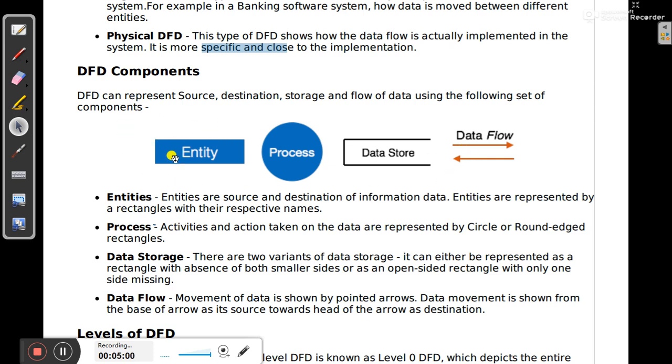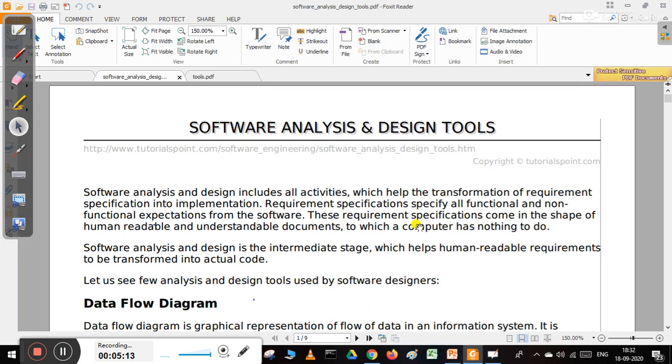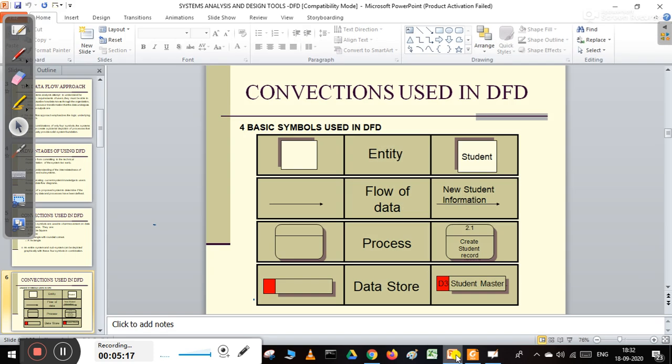Here you can see there are a few basic components to draw a DFD. A rectangular box is an entity, a circle is a process, but in some other cases you might find different notations also. To demonstrate the entity, we can use this rectangular box.